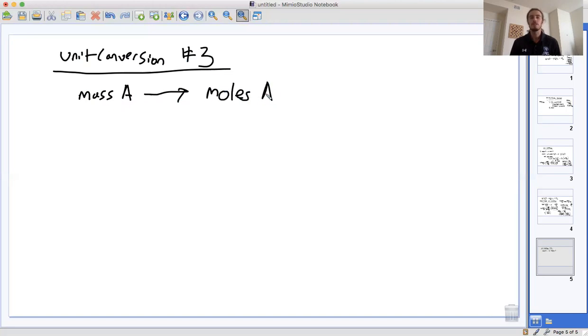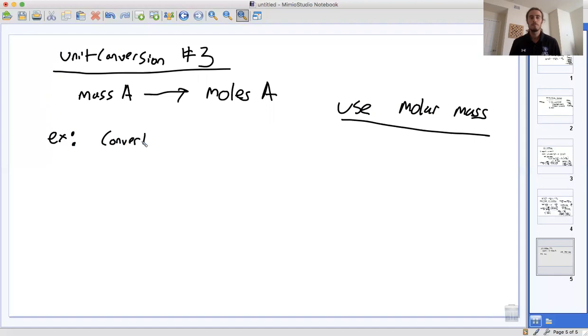And this is going to be really similar to the moles to mass unit conversion we did at the beginning, but it's just the other direction, right? So in this case, we're going to use the molar mass, right?